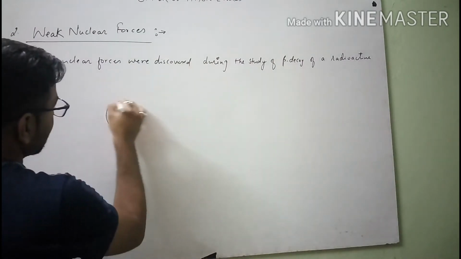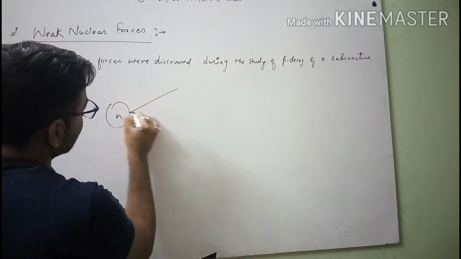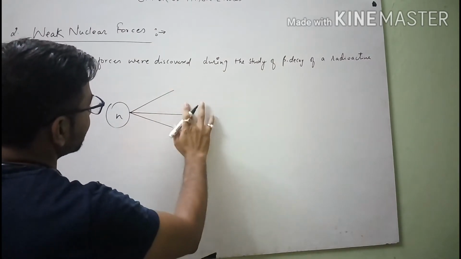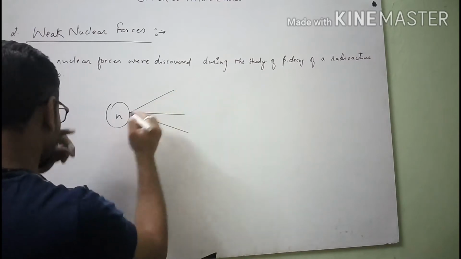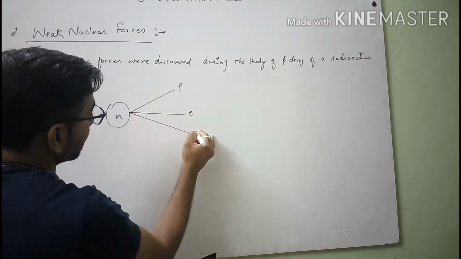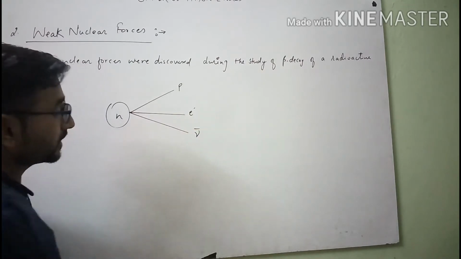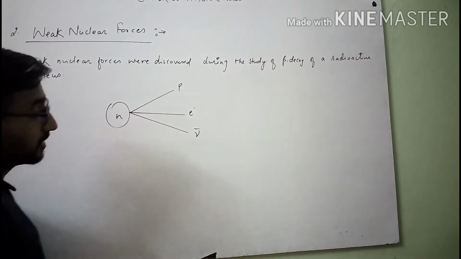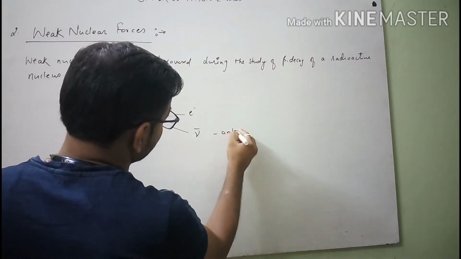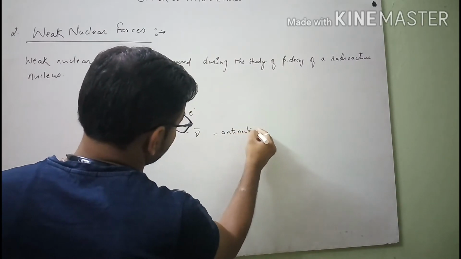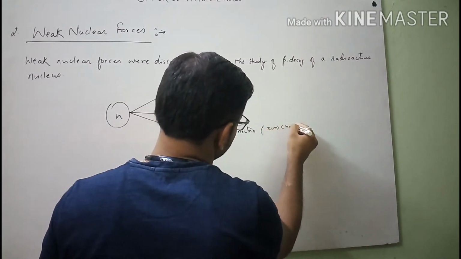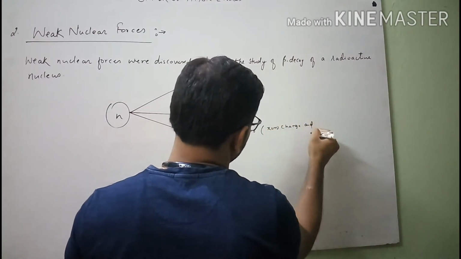So during the beta decay of a neutron, the neutron is divided into three parts: proton, electron, and, by the Pauli hypothesis, an antineutrino. This is our antineutrino, which has zero charge and rest mass.